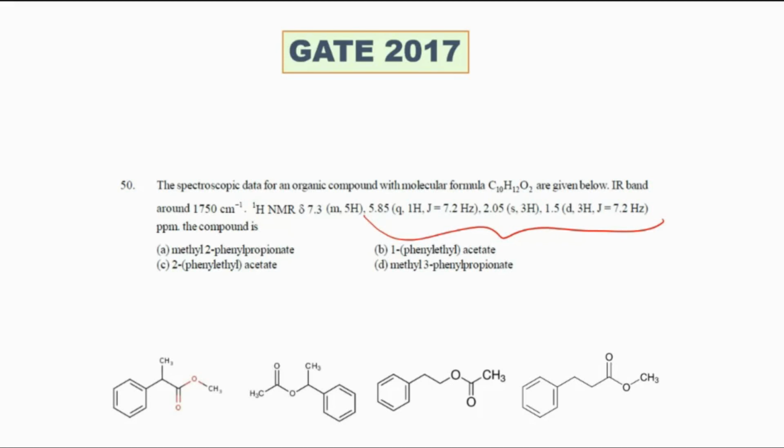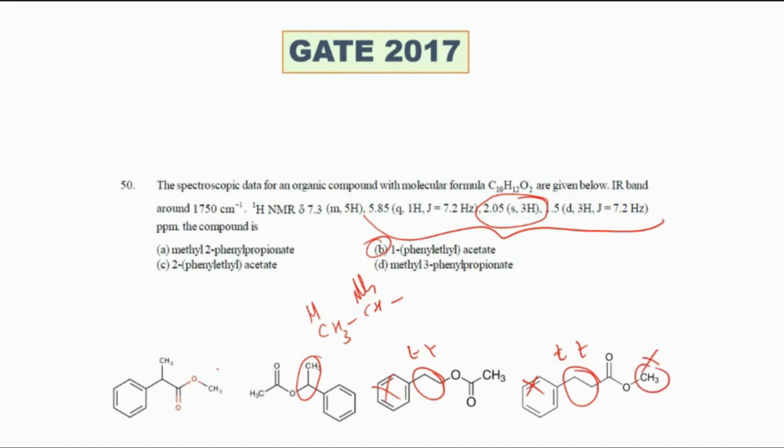Guys, tell me. It's a very simple problem, I don't know why you get stuck for so long. Option B, ma'am. C, CH2 is a triplet. Here also triplet. When you have CH3CH like this, this will be a doublet and this a quartet. So remember well: if a quartet-doublet combination exists, it means CH3CH is present. So this is out. Not only that, you have 2.05 singlet 3 hydrogen, so this cannot be 2.5 and this cannot be 2.5.